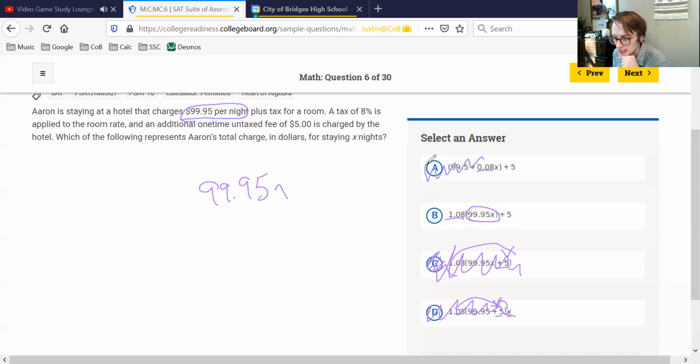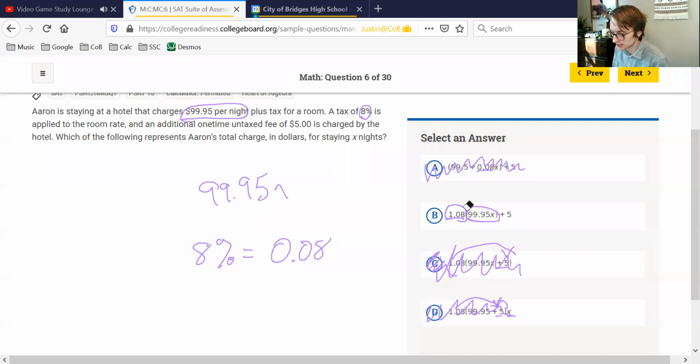I think we can cross this out because the nightly rate never gets multiplied by the number of nights. However, there's this weird thing where it's 1.08 instead of 0.08, because isn't it true that 8% is the same thing as 0.08? And you were absolutely right about that.